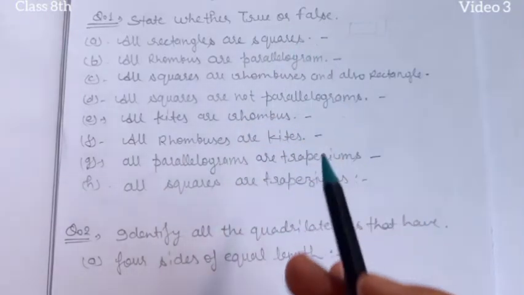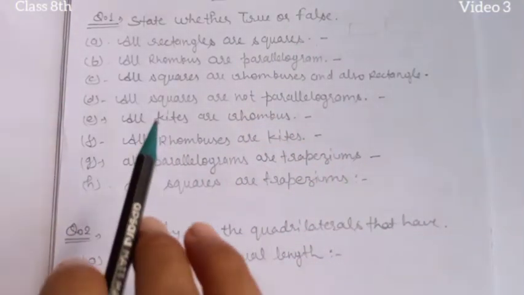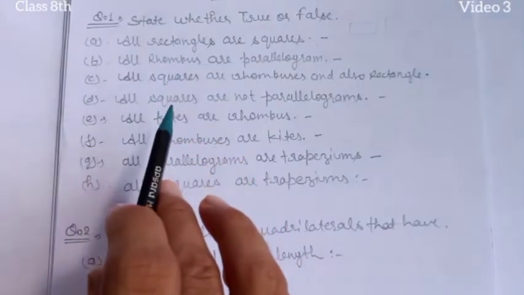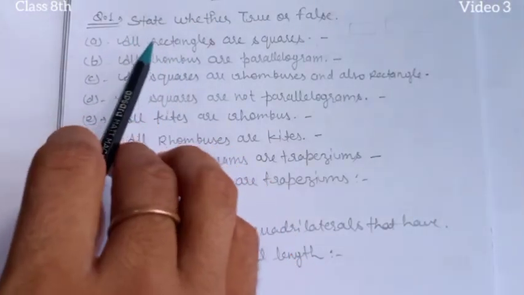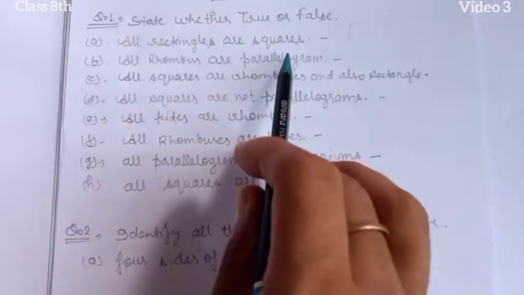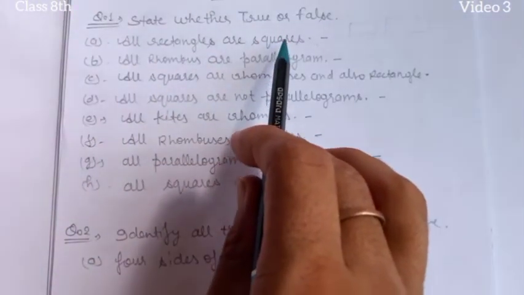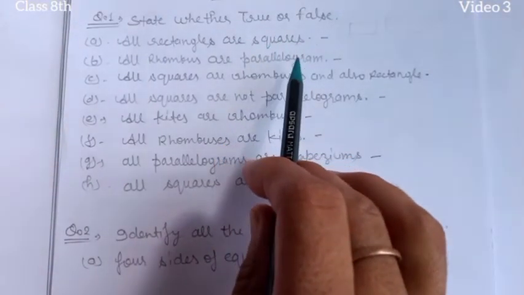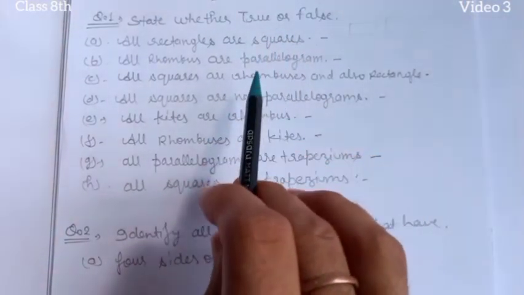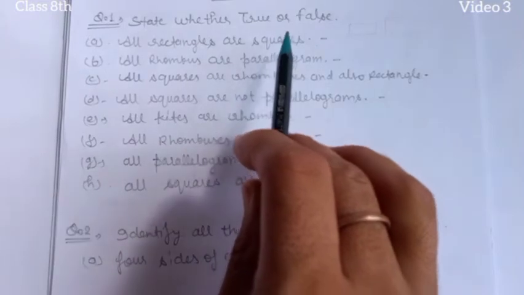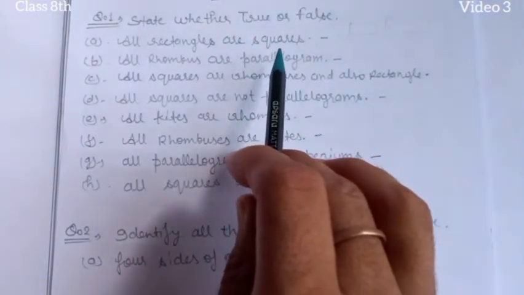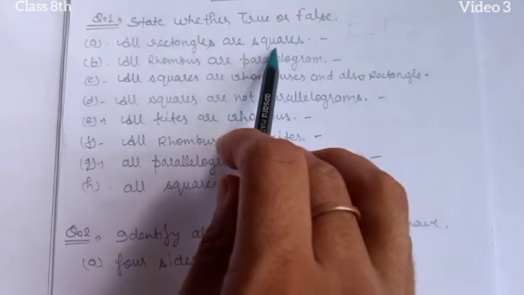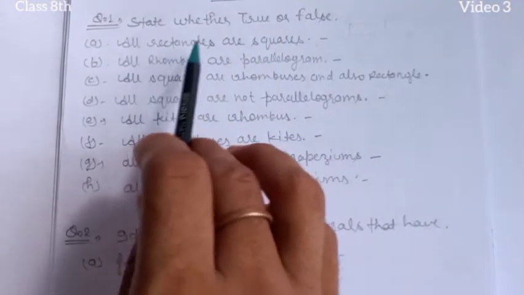So you know, students, the properties of the rectangle and square. In a rectangle we know that opposite sides are equal in length and diagonals are also equal, and each vertex angle is 90 degrees. In a square, all vertex angles are 90 degrees, and all sides are of equal length, and diagonals bisect each other and are equal, and the diagonals bisect each other at 90 degrees also, but here that is not so.